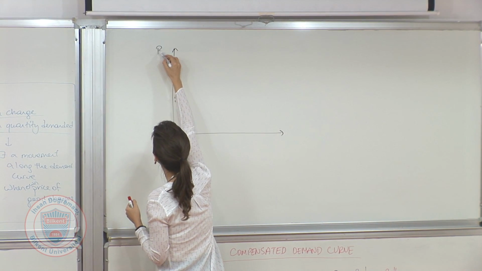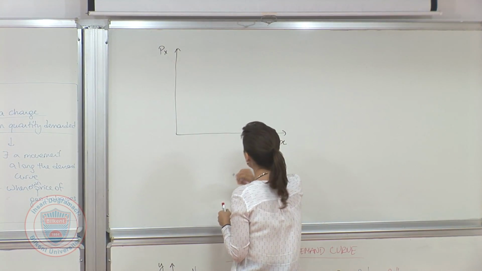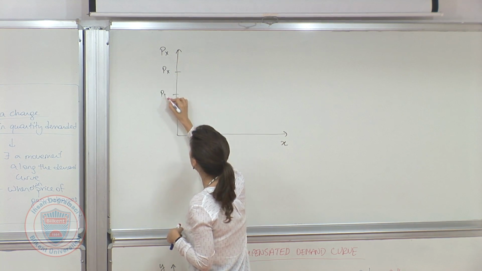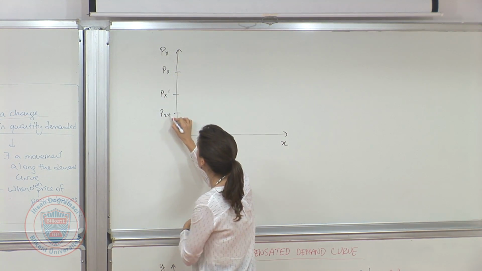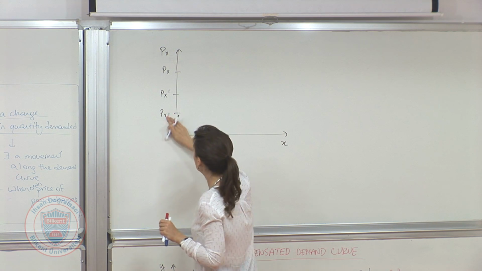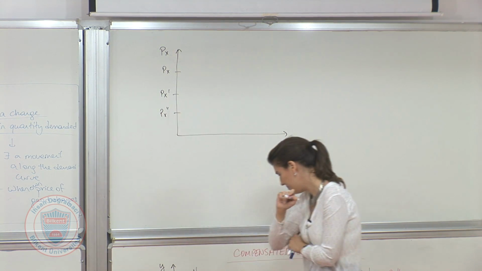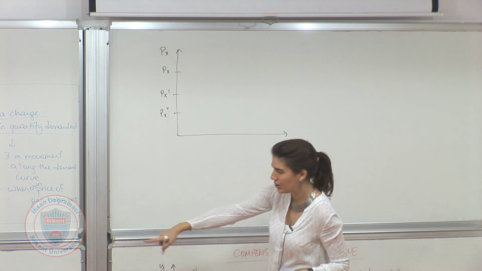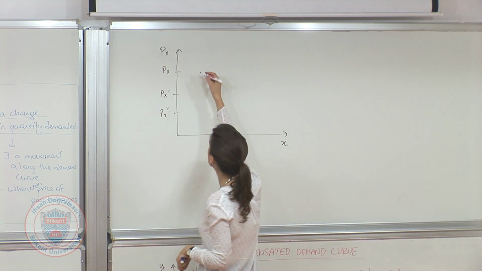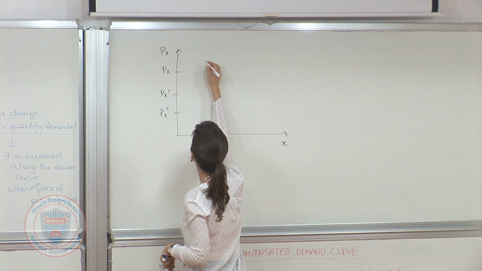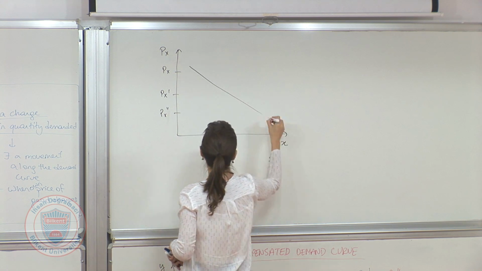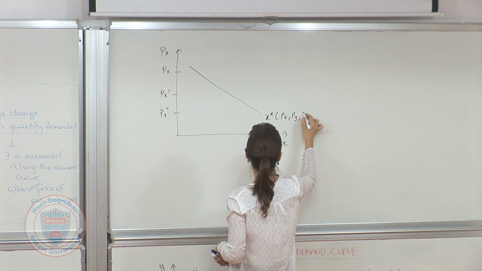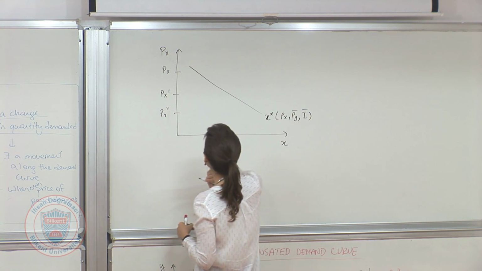Which one do you think is steeper? So I'm going to have px, px prime, px double prime, right? It was like this. Let me draw the regular one first. This is the regular one, x star of px, py, I, keeping these the same.